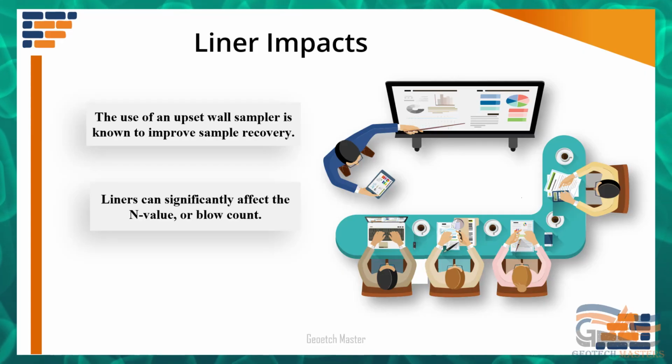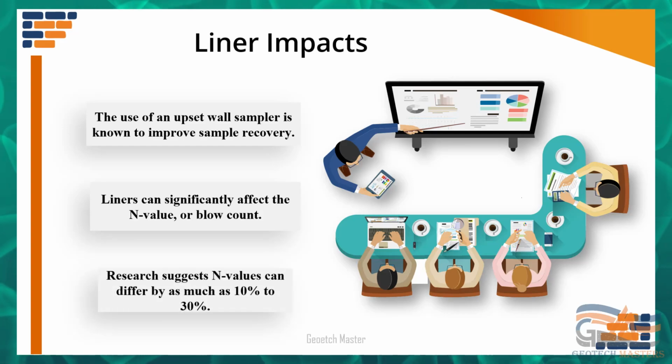International practice often favors the original use of a constant inside diameter sampler, meaning no upset wall or liners. Limited research suggests that N values can differ by as much as 10% to 30% between a constant inside diameter sampler and an upset wall sampler. Specifically, the constant inside diameter sampler, which doesn't use liners, generally provides higher N values.